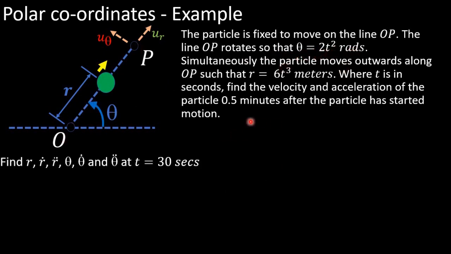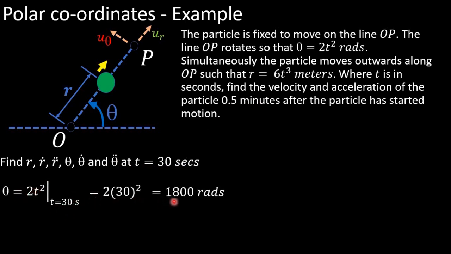First thing we need to do is find r dot, r double dot, theta dot, and theta double dot at t equals 30 seconds. I'll convert minutes into seconds. First, theta at 30 seconds: evaluating the function at t equals 30 seconds, I get 1800 radians.